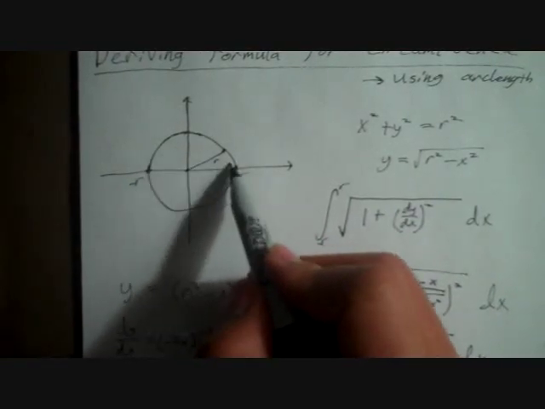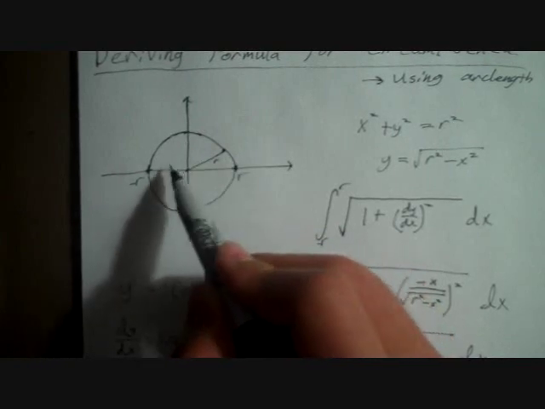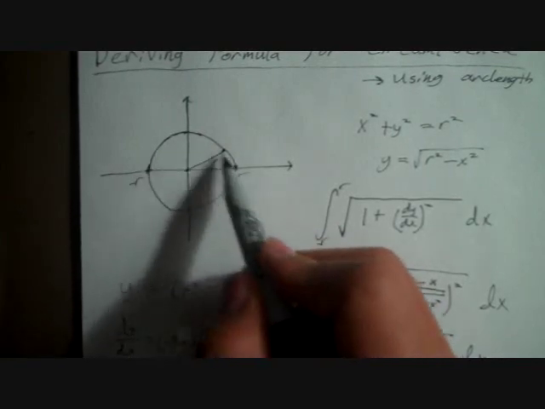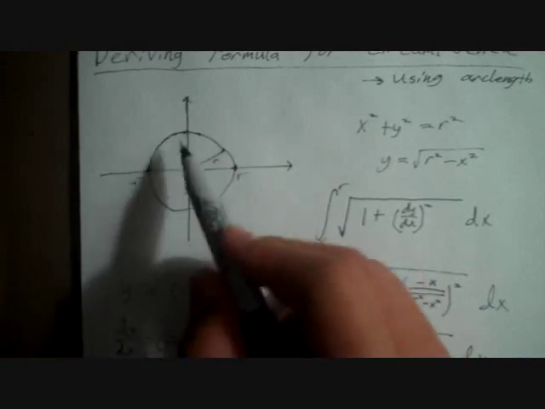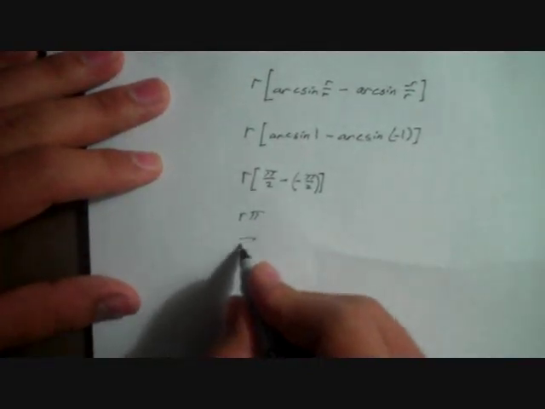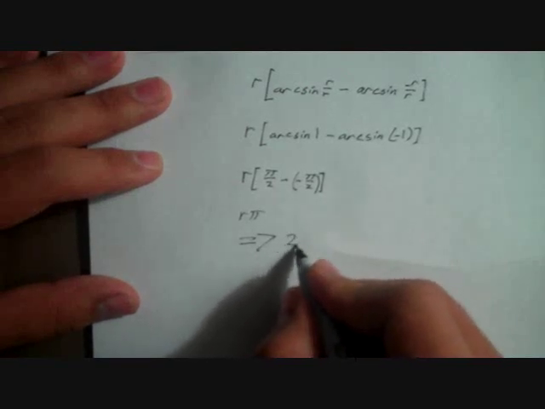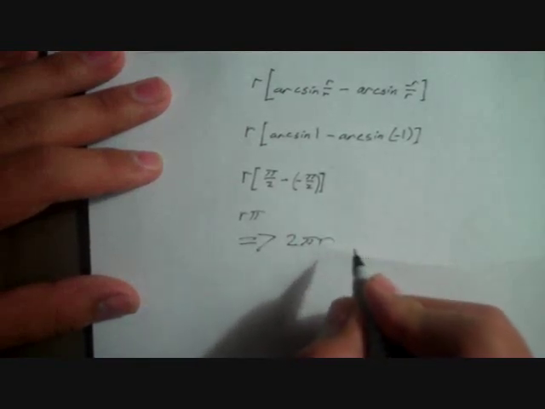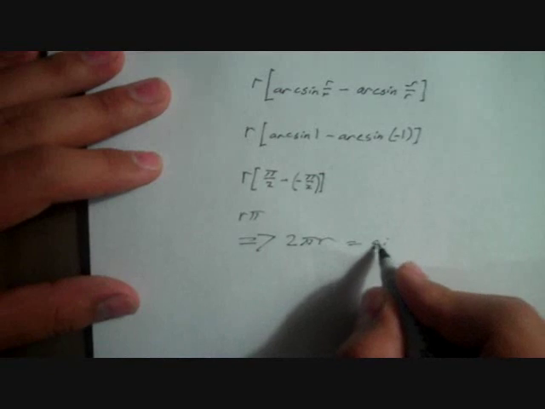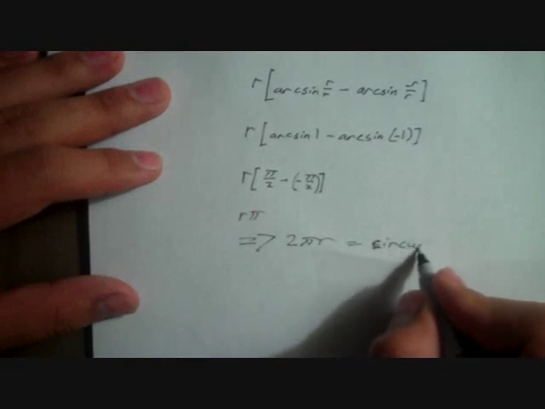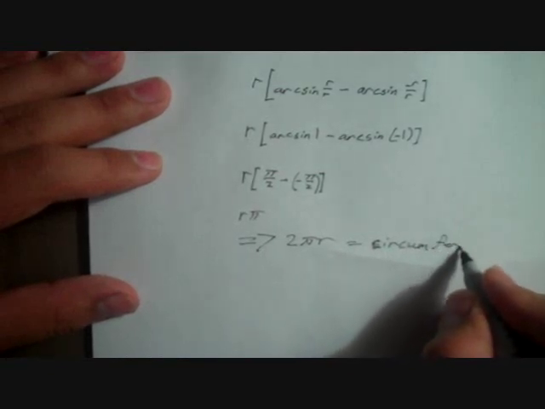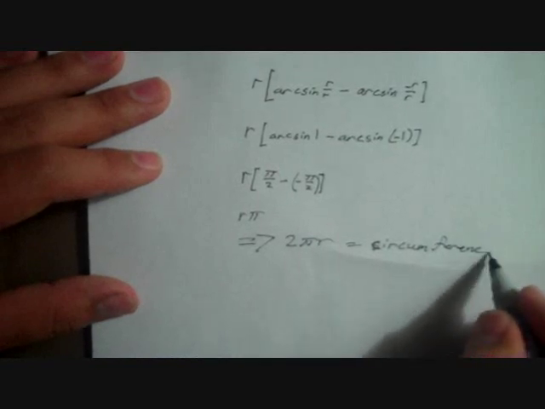That's just for the positive hemisphere of this circle, the positive hemicircumference. So to get the whole circumference of the circle, we have to multiply it by 2. So we have to multiply this thing by 2. So we'll get 2 pi r, which is the circumference.